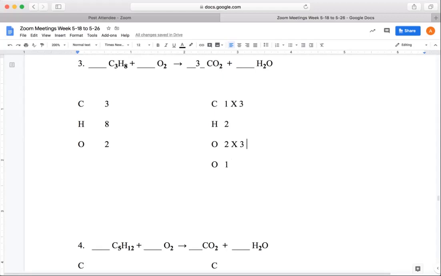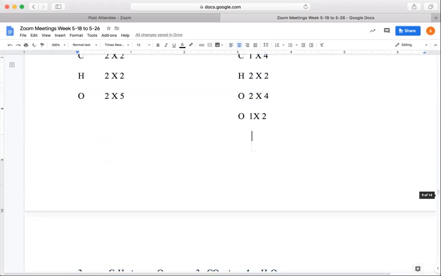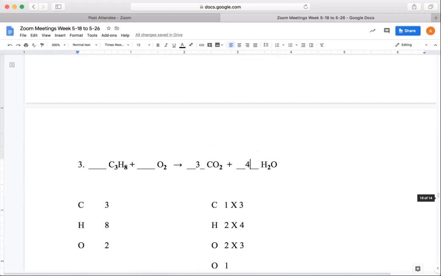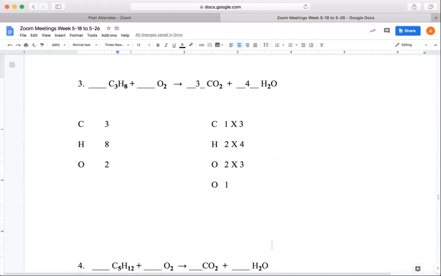Now the hydrogens, let's see what we got here. 8 hydrogens here, 2 here. So we have to multiply this by 4. Put a 4 here. This 4 goes in front of the oxygen that's here. So that means that we're going to have to put a 4 here.